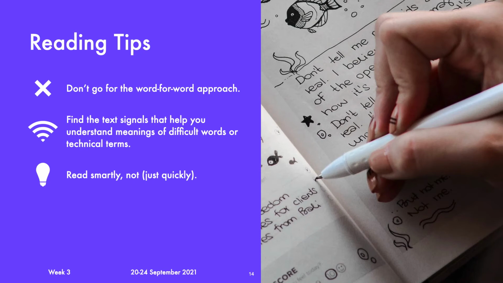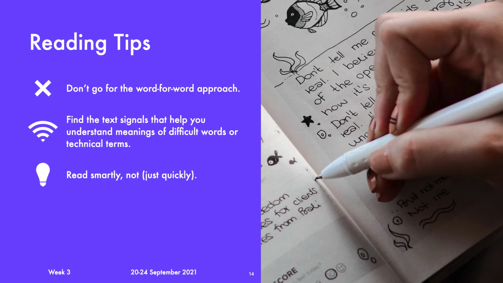And remember, always read smartly. You will of course go from the top to the bottom of the text, but skimming or speed reading sometimes doesn't help that much if you are working on a task. It's not like reading novels or non-fiction where you can skim 10 lines in 10 seconds, for example.